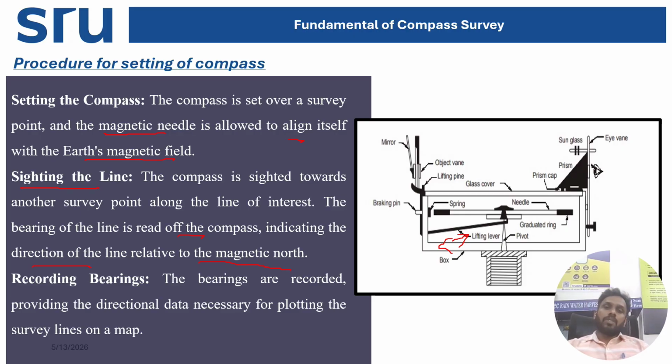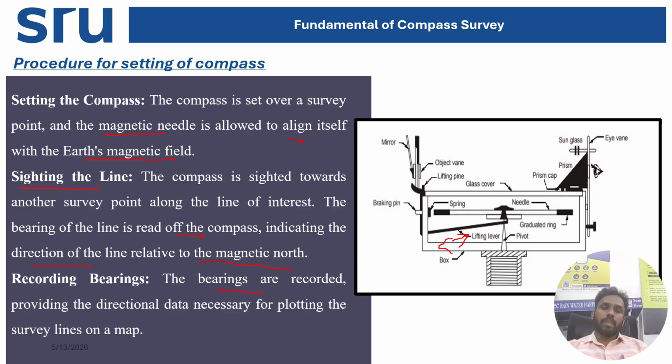Once you align your compass towards your second survey station, the bearing is recorded using the prism. The prism will give a precise reading of how many degrees the inclination of your particular angle is. Okay, right?